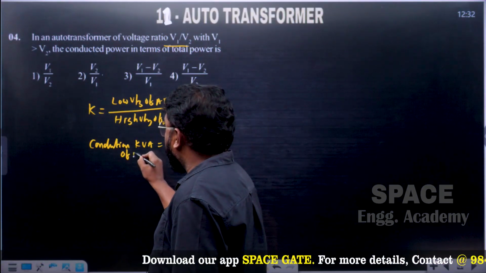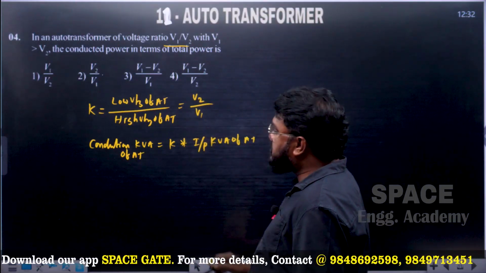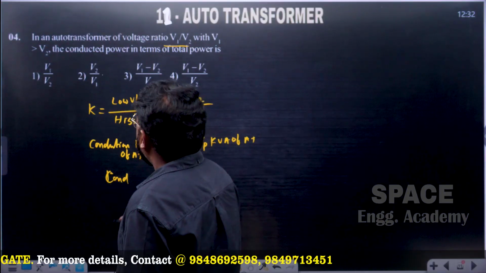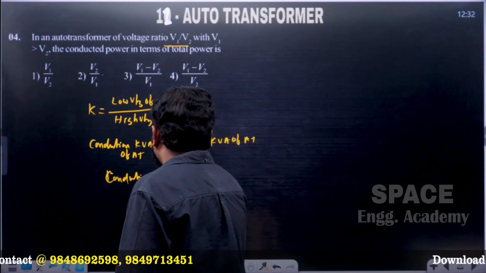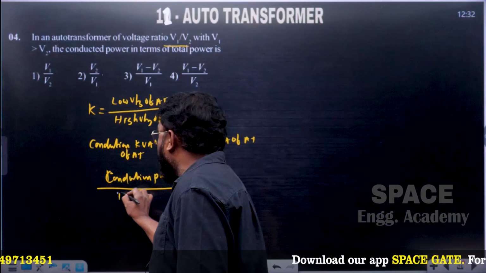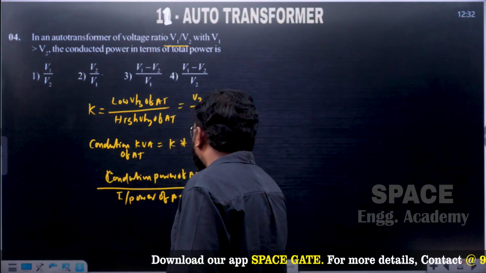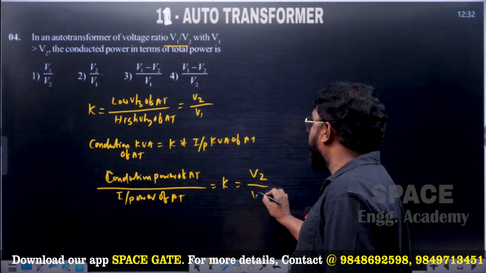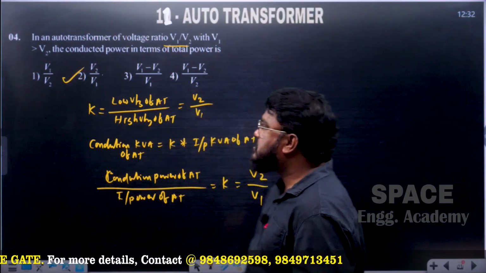Conduction kVA of auto transformer divided by the input kVA of auto transformer, this ratio we have to find. So conduction power of auto transformer divided by the total input power is K, where K is V2 by V1. So option number 2 is correct for this question.